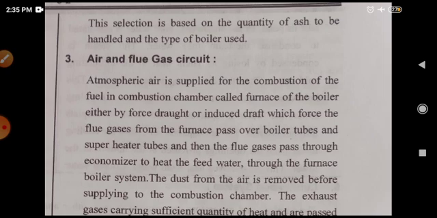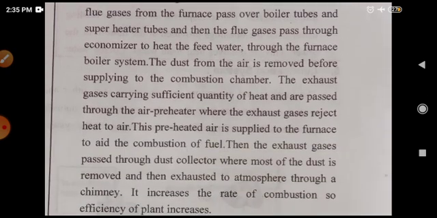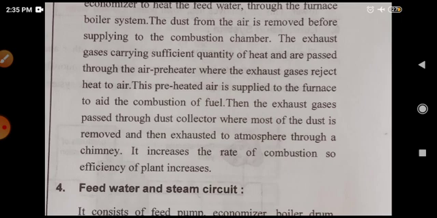The dust from the air is removed before supplying to the combustion chamber. The exhaust gases carrying sufficient quantity of heat are passed through the air preheater, where the exhaust gases reject heat to air. This preheated air is supplied to the furnace to aid the combustion of fuel.